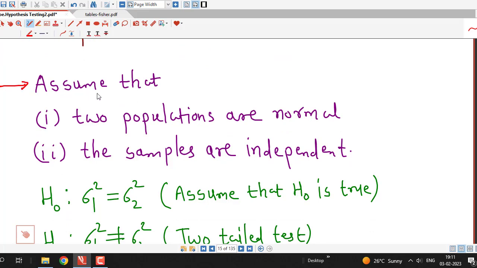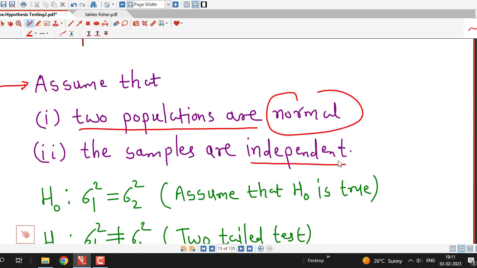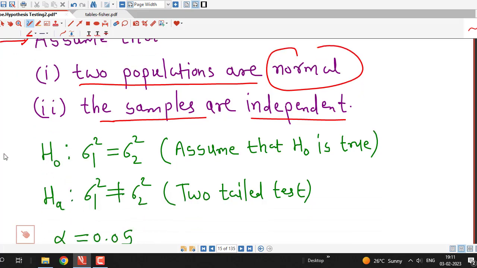I am taking these two assumptions, that the two populations are normal and the samples are independent, or we can write that populations are independent. The null hypothesis is that the two populations have the same variances, and the alternative hypothesis is the opposite of this statement, that is, sigma 1 square and sigma 2 square are not equal.